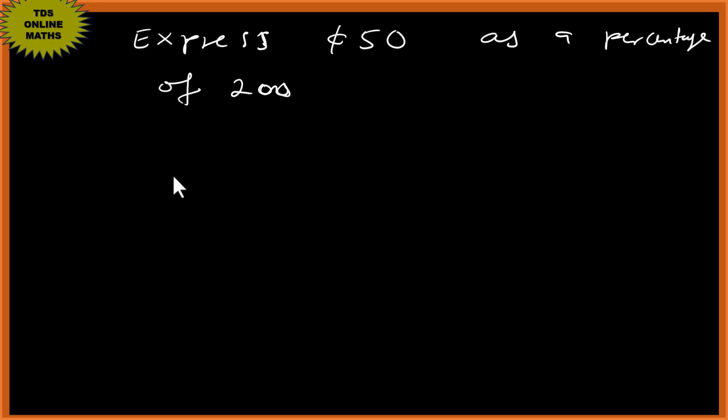All right. Now let's look at how to express one quantity as a percentage of another quantity. Okay, so we are to express 50 cedis as a percentage of 200 cedis. Okay.